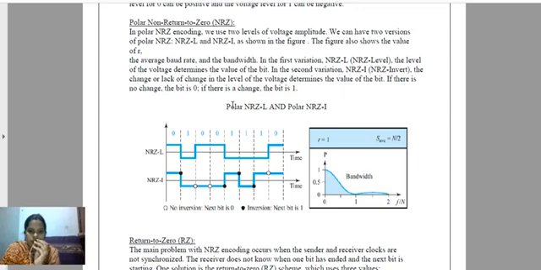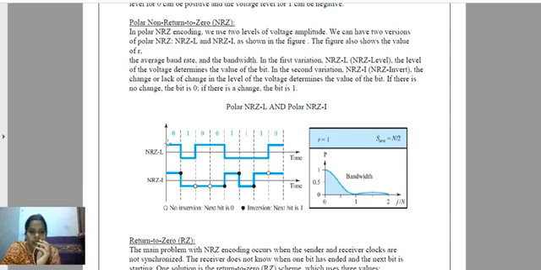Non-return to zero L. L means level. Here the voltage level determines the bit. In this polar scheme, the positive voltage is 0 and the negative voltage is 1.